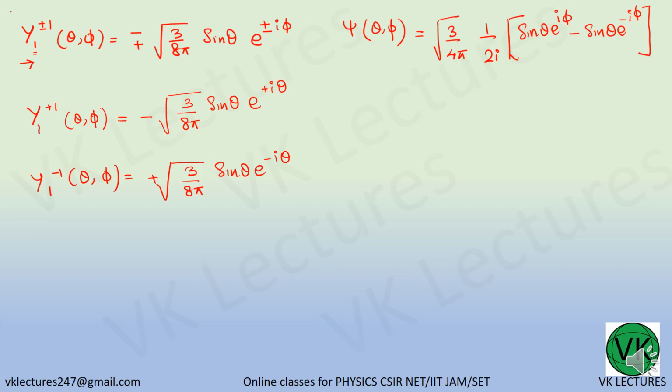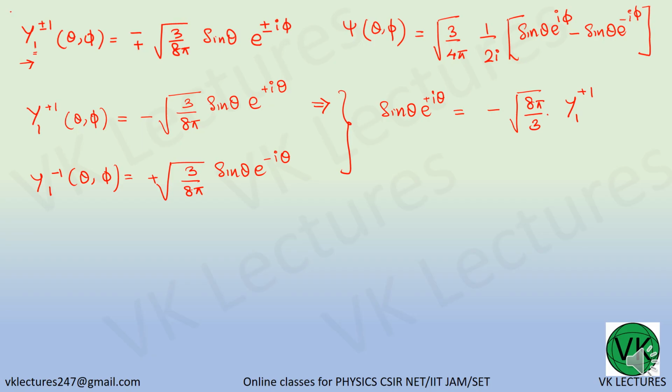Now here we have psi of theta comma phi. Now bring this into this form. Now before that, from these two equations let us find out what is sine theta e to the power plus i phi equal to minus root of 8 pi by 3 times Y(1,+1).